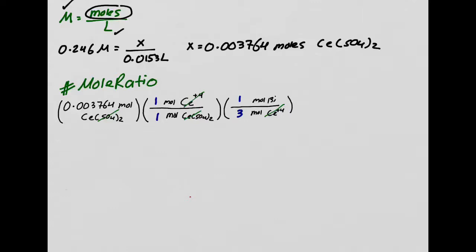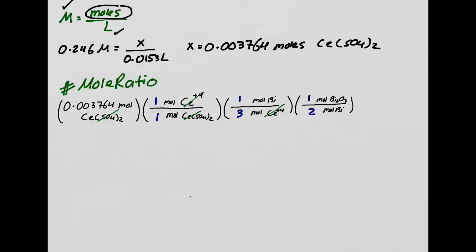Bismuth is not what we want. What do we want? We want bismuth oxide, right? Okay, so the last thing to do, I don't want moles of Bi. What I want is moles of Bi2O3. And the mole ratio would be: in 1 mole of Bi2O3, how many Bi do you have?